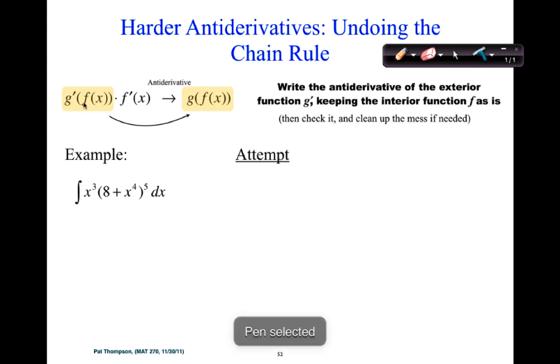The g prime is the exterior function. We're doing the antiderivative of the exterior function. What's the exterior function? Something to the fifth power. What's the antiderivative of something to the fifth power? That thing to the sixth.